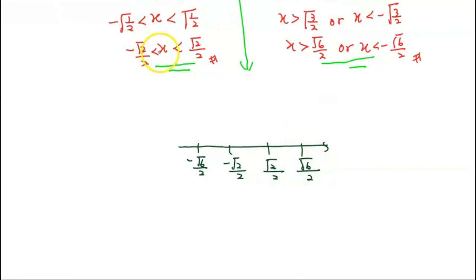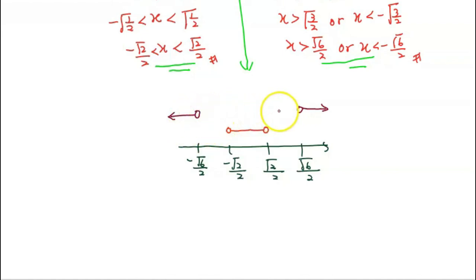For the left hand side answer, my answer is in between negative square root 2 over 2 and positive square root 2 over 2. For my right hand side answer, x is more than square root 6 over 2, at the same level, because this comes from the same number line, and x less than negative square root 6 over 2.